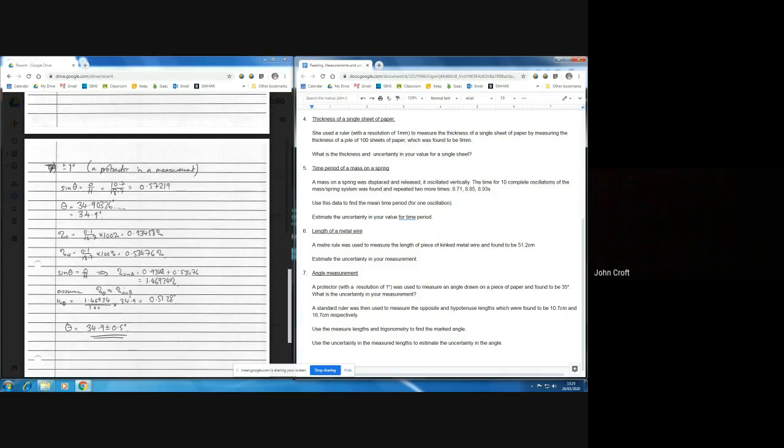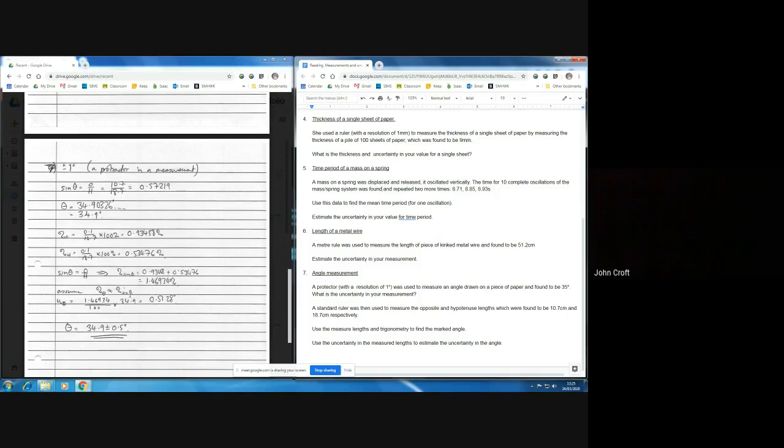We're going to assume the percentage uncertainty in theta is the same as the percentage uncertainty in sine. It's worth bearing that in mind for any mathematical function in the exam, for instance exponential, but I've not seen it come up in an exam before. So 1.469% of 34.9 degrees is 0.5128 degrees.